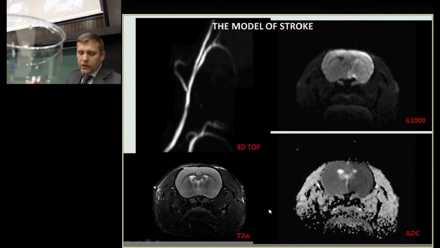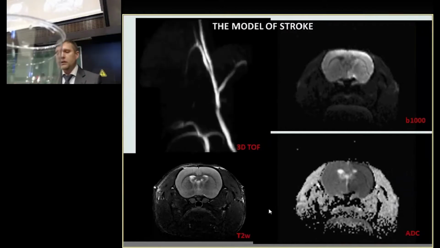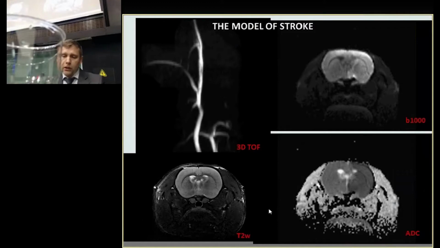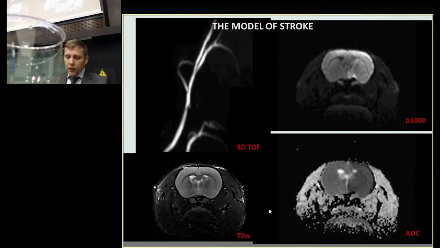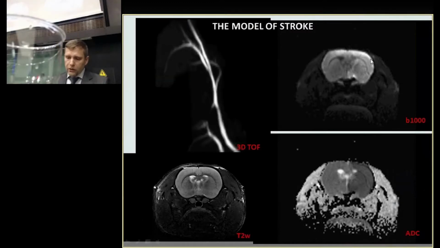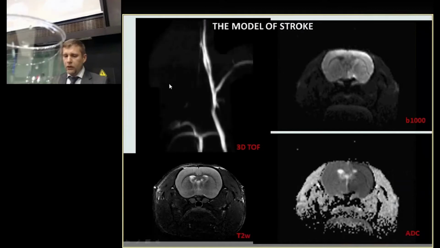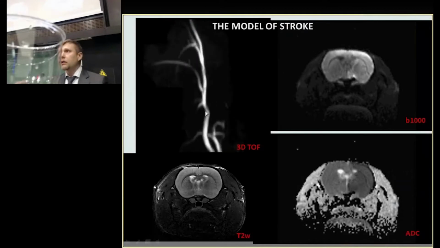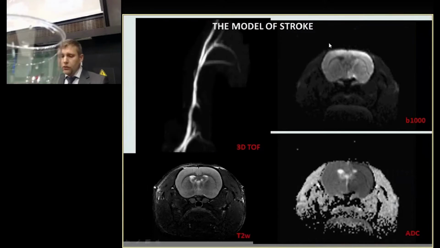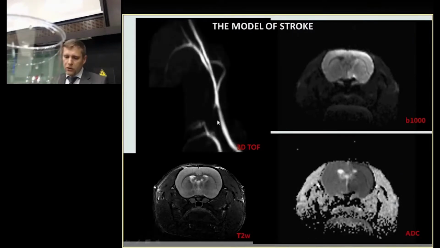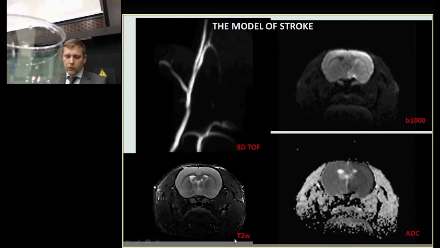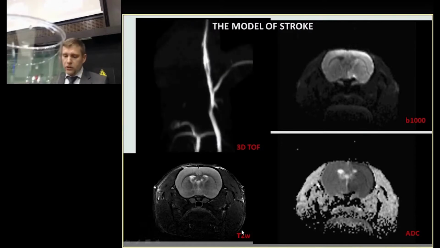And we have some models of disease. For example, we have a model of stroke. Here in the diffusion image, 1 hour after occlusion of the internal carotid artery, you can see changes, but you couldn't see them on T2 images.